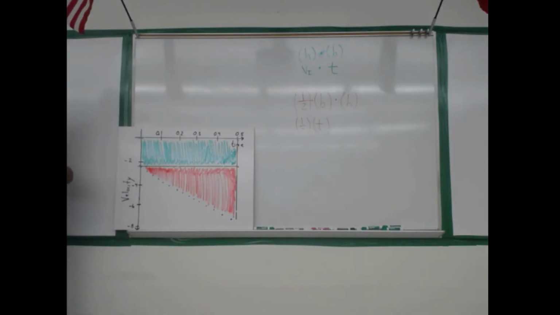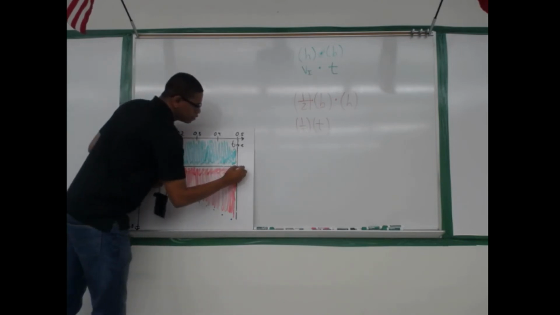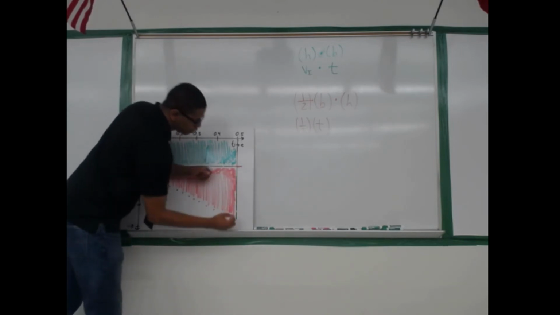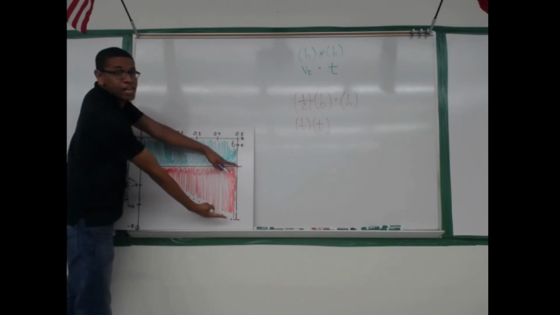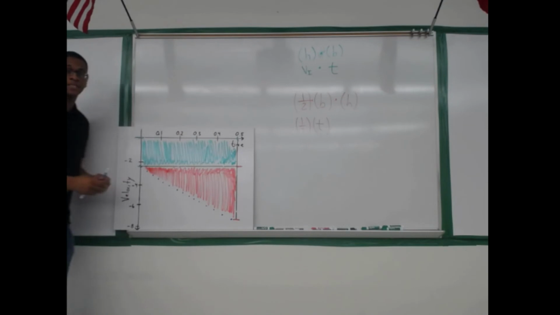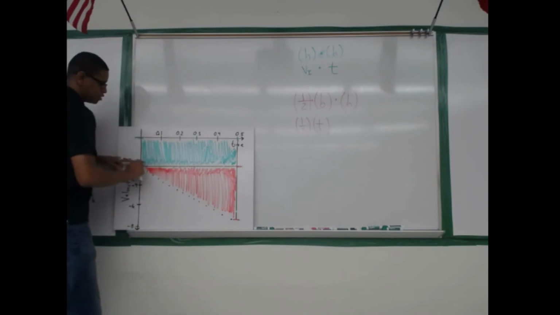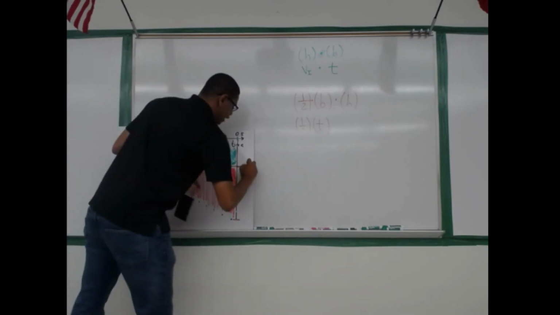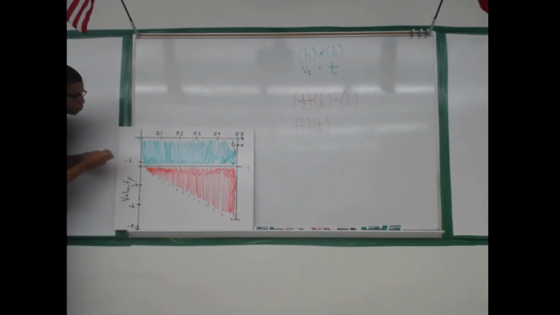But what about the height of the triangle? In other words, this length from here all the way to here represents the height of our triangle. Well, what is that length? This point right here represents our object's initial velocity, because we started plotting here.